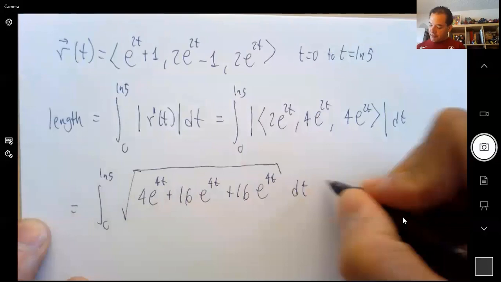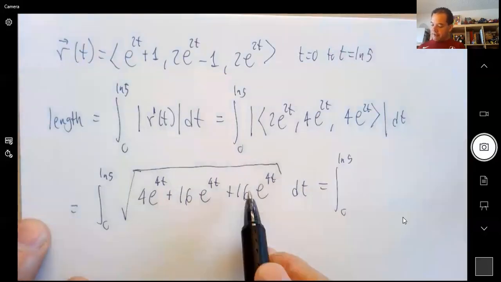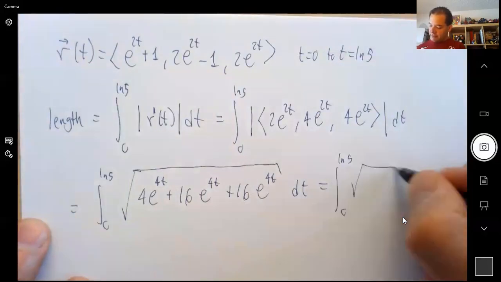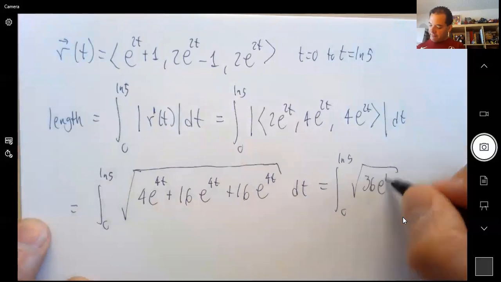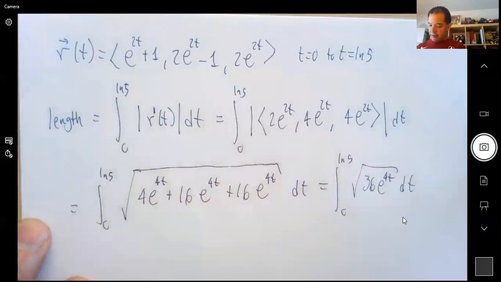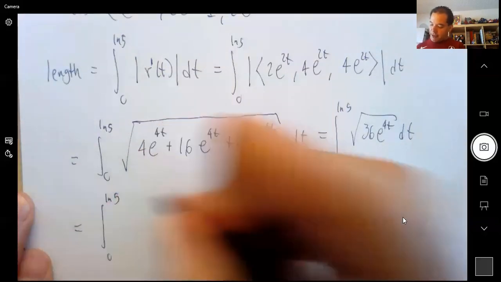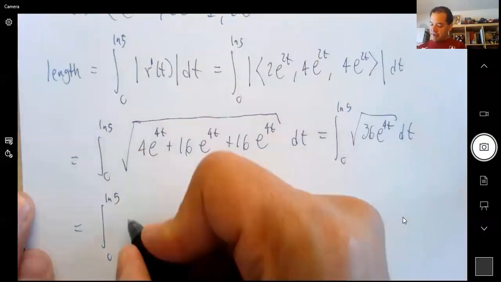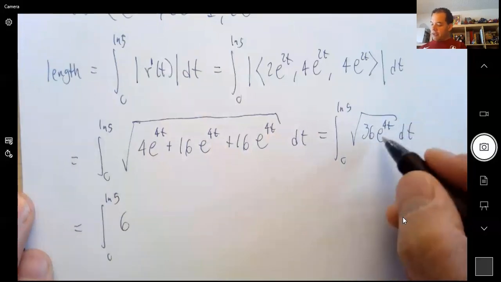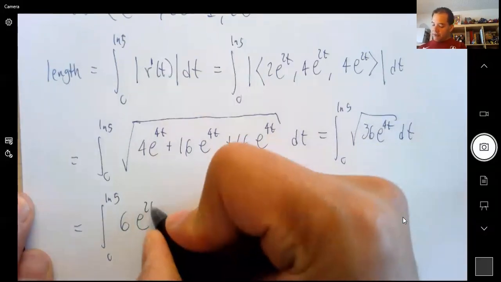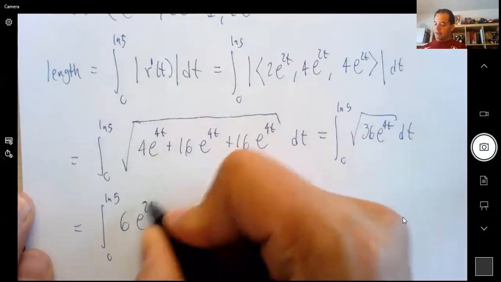So altogether, this is 36e to the 4t, which we can now simplify. The square root of 36 is 6, and the square root of e to the 4t is e to the 2t. I don't need absolute value because e is always positive.